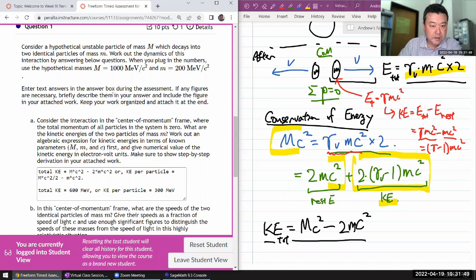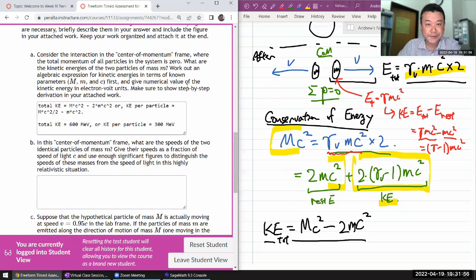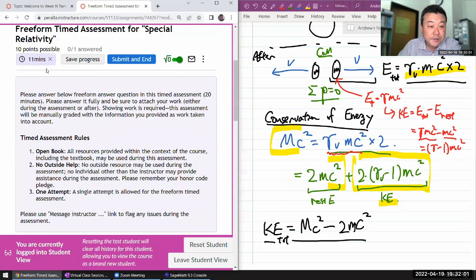And the c's cancel out. By the way, I think I randomized the question so that these numbers are not necessarily the same. So read the question, actually work through it, even if you are lucky enough to get this exact question.